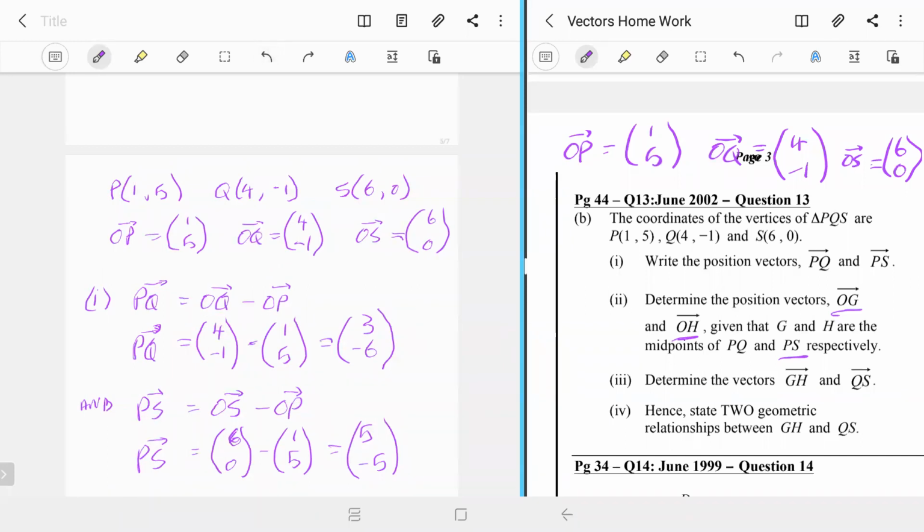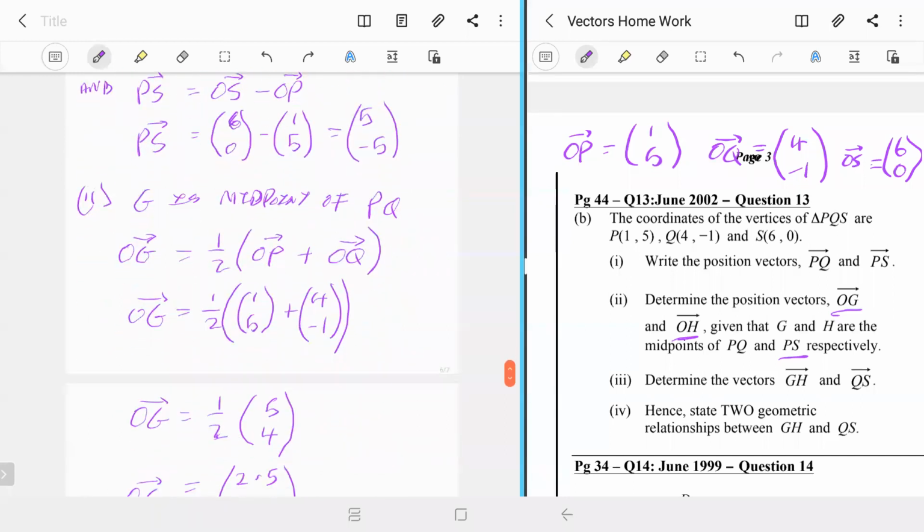The position vector of the midpoint is not half PQ. That's what I was telling you. The position vector for the midpoint, like an average, is the average of OP and OQ. So you have to remember, it's not half PQ. That's a common mistake a lot of people make.